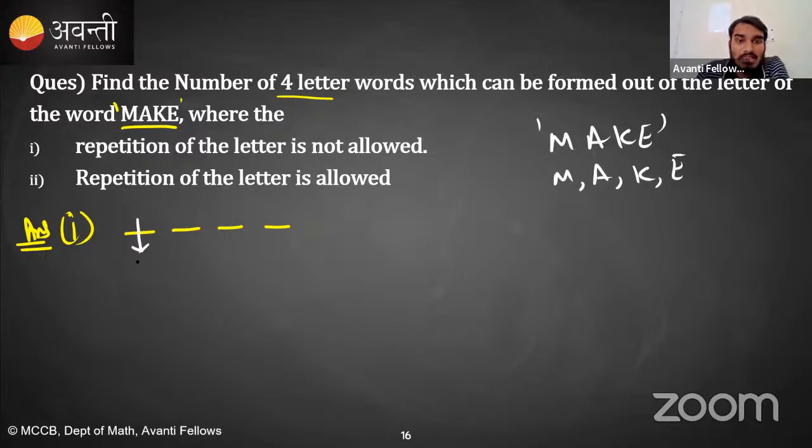So how many choices do we have for the first letter? Either M, K, A or E, so 4 ways, 4 options. Similarly, for the second letter, how many choices do we have?